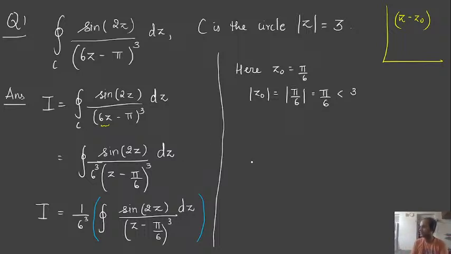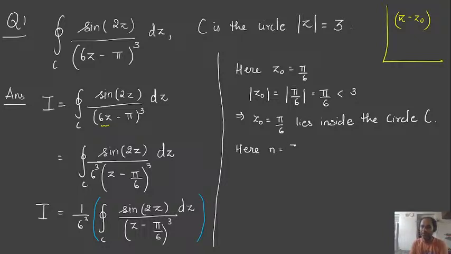So what we do now, we claim here that z0 equal to pi by 6 lies inside the circle C. Okay, inside the circle C, and therefore we are now going to write here n is equal to 3.